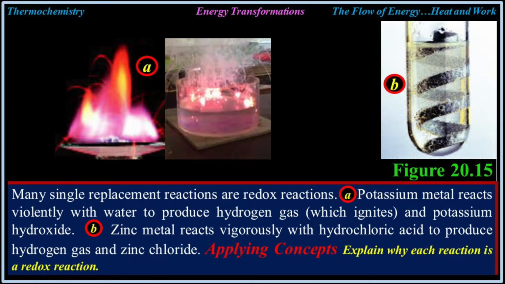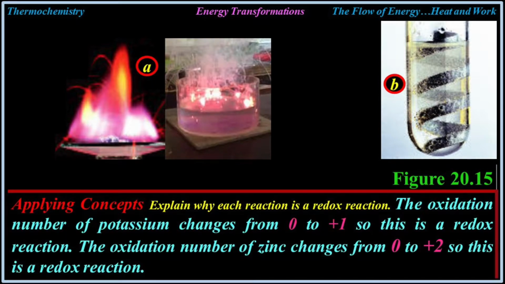Applying concepts: explain why each reaction is a redox reaction. The oxidation number of potassium changes from 0 to +1, so this is a redox reaction. The oxidation number of zinc changes from 0 to +2, so this is a redox reaction.